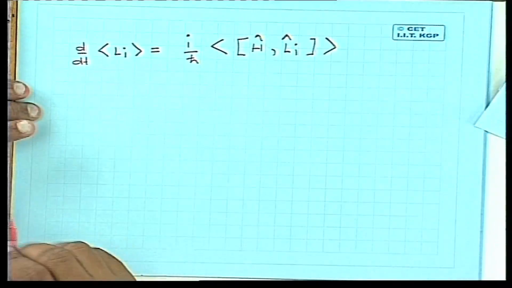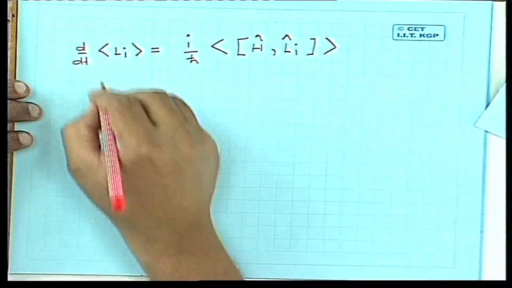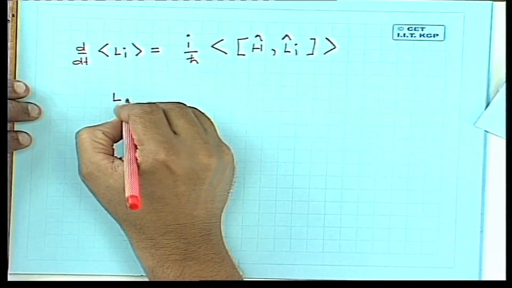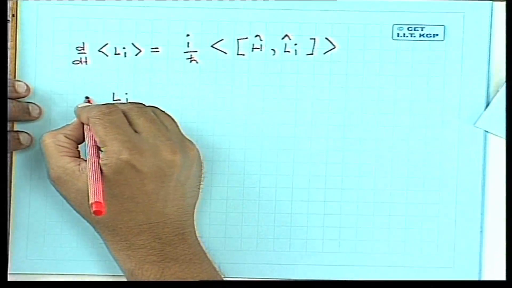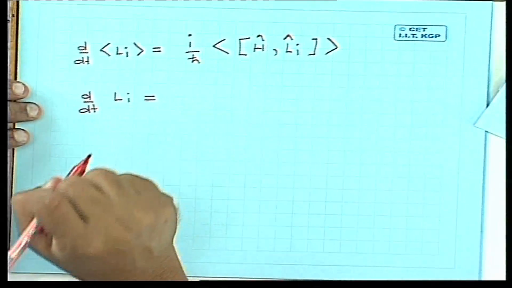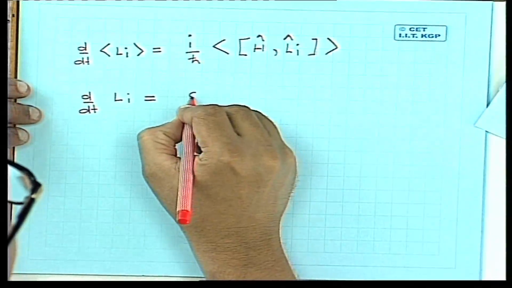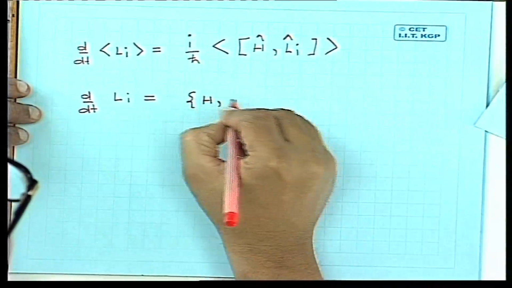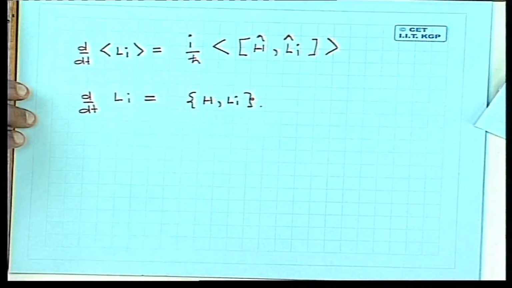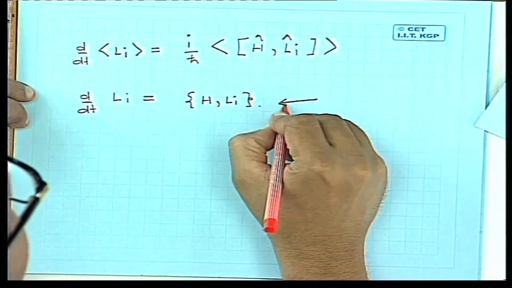The classical equation for the angular momentum will be d by dt of L equal to the Poisson bracket. In classical mechanics there is something called the Poisson bracket, which you might or might not have encountered, but the corresponding equation in classical mechanics is this.